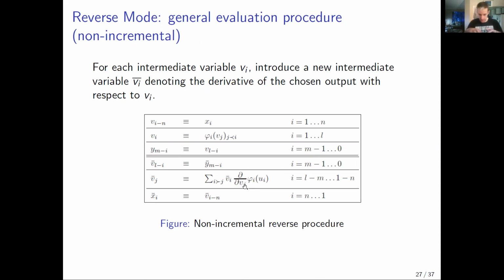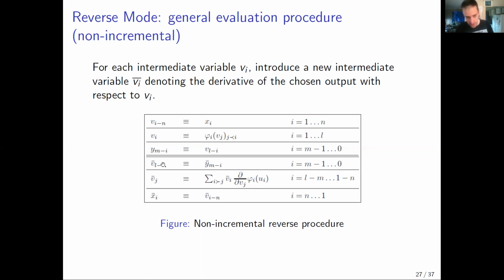So this is the chain rule because we already know these downstream derivatives. We already know the derivative of the chosen output with respect to the variables that depend on vj. And then we can use the chain rule to propagate that back to vj itself, which then gives us the derivative of the chosen output with respect to vj.